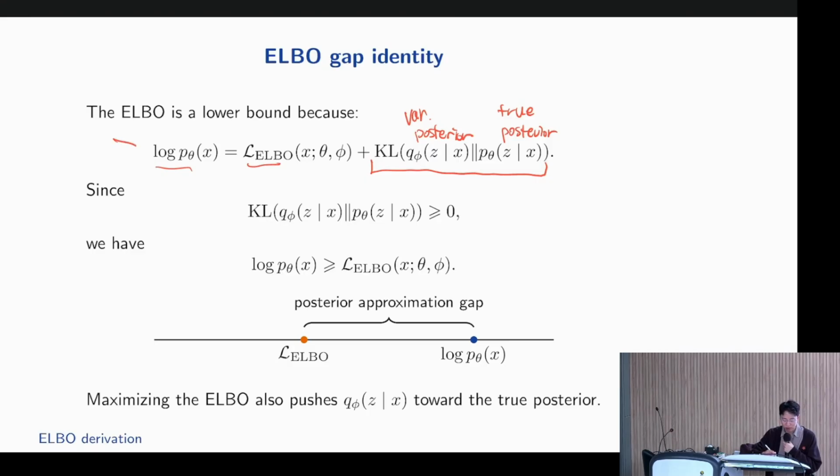So you decompose log likelihood into ELBO plus some leftover, and use the property of KL divergence, which is non-negative, to derive this lower bound. So this is an alternative way to derive the ELBO lower bound without using Jensen's inequality. So yeah, by non-negativity.